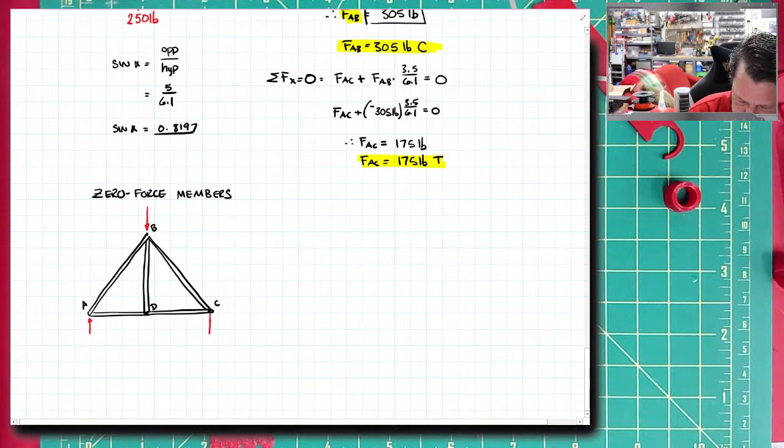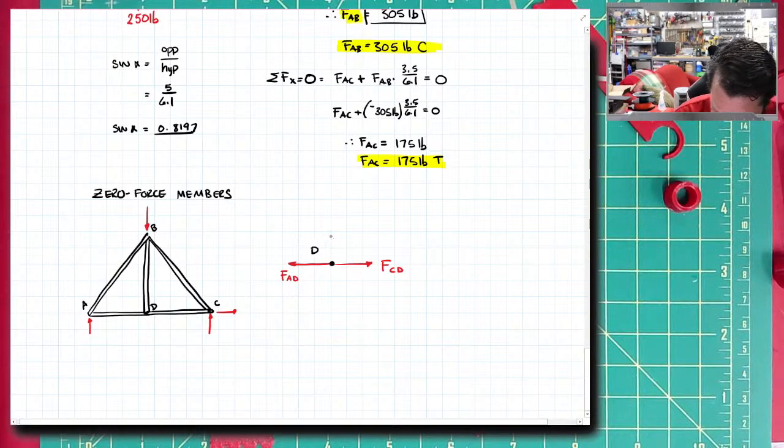All right, let's put our forces up here. Reaction force, reaction force, reaction force. We don't need dimensions for this. So if we look at joint D, method of joints at joint D, I've got force CD, force AD, and force BD.